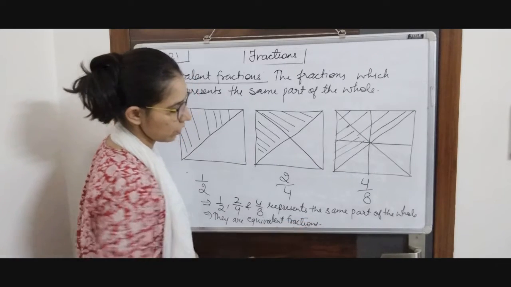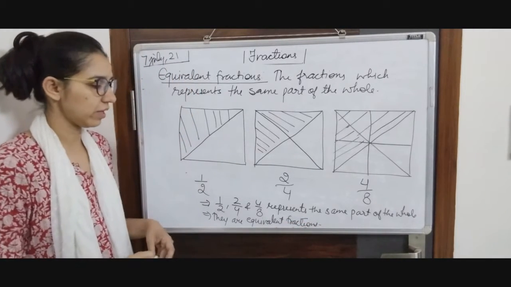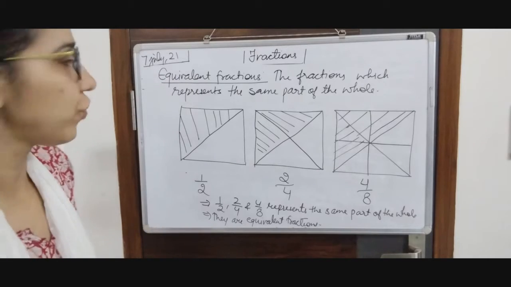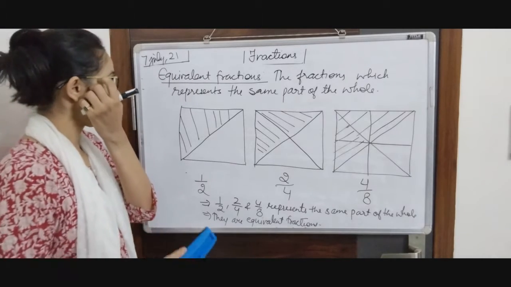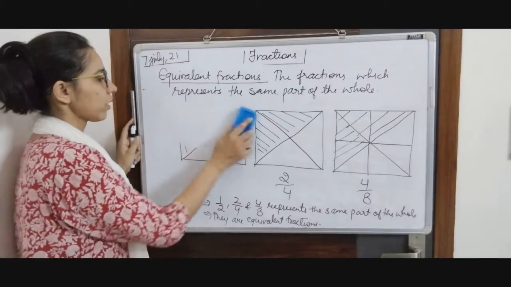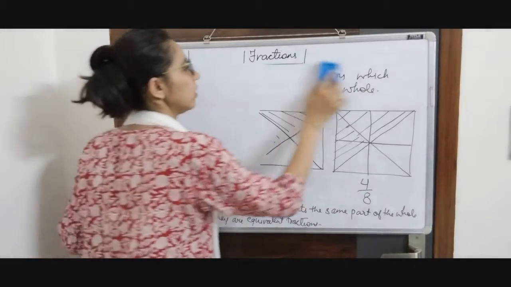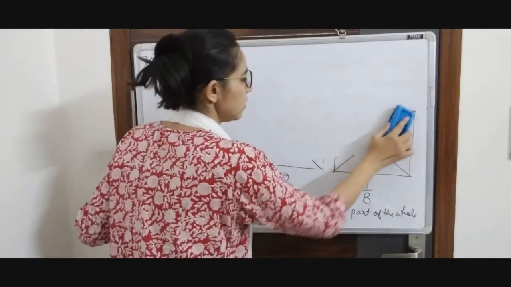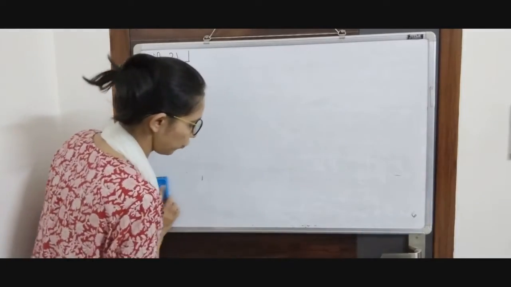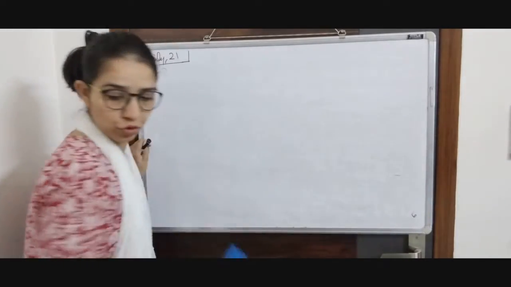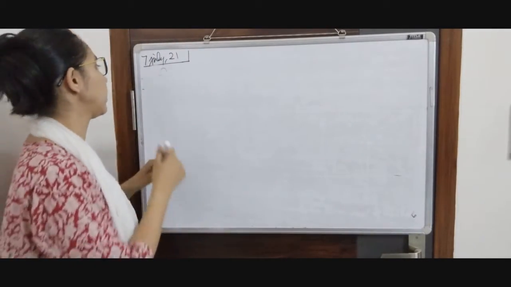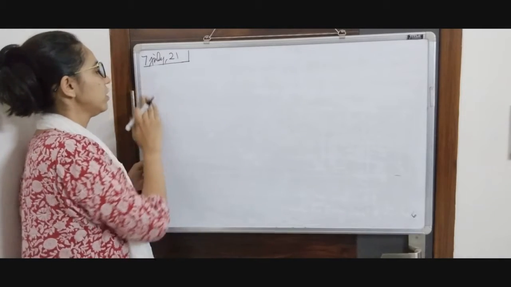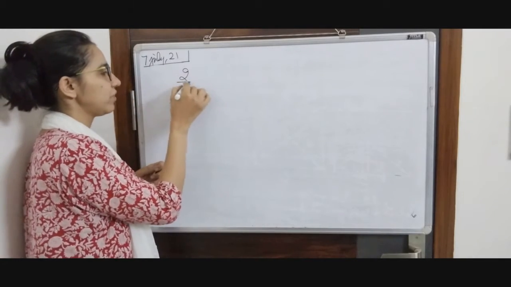Okay, so how do we get equivalent fractions and how are they useful? We are going to understand that now. First we are going to talk about how to get equivalent fractions. Okay, suppose we have 2 by 3.